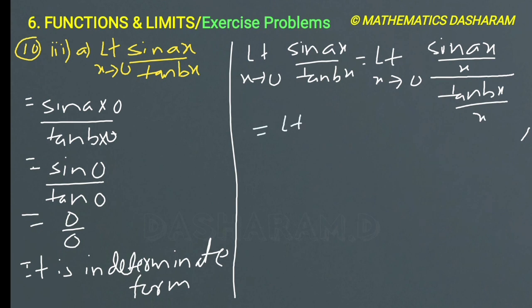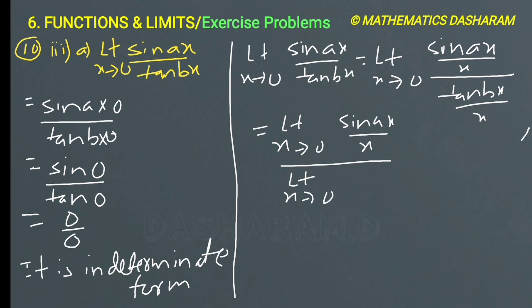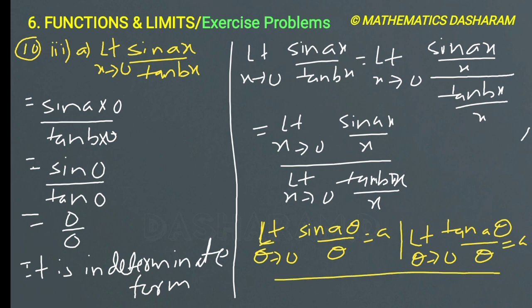Now apply the limit x tends to 0 for the numerator fraction and the denominator fraction separately, sine ax by x and tan bx by x. We have a formula for each, so a divided by b is our required answer.